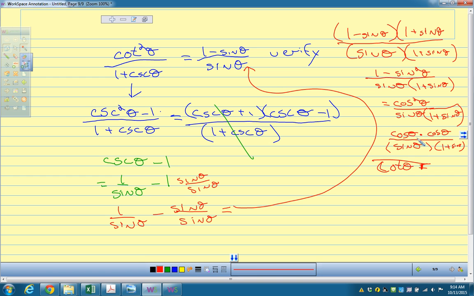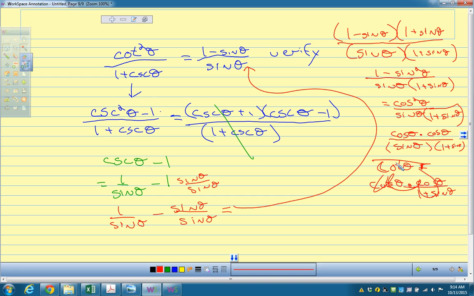You have cosine squared over sine squared. But this is equal to cotangent theta times cosine theta over 1 plus sine theta. I'm confused also. I don't know. Well, that's not a good sign.